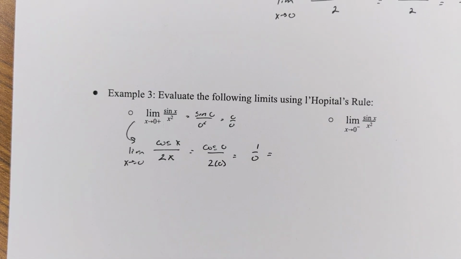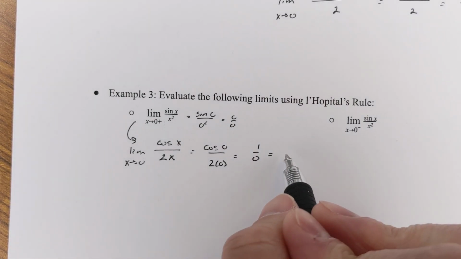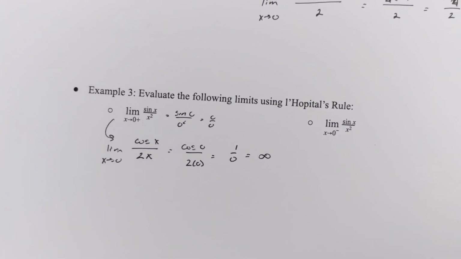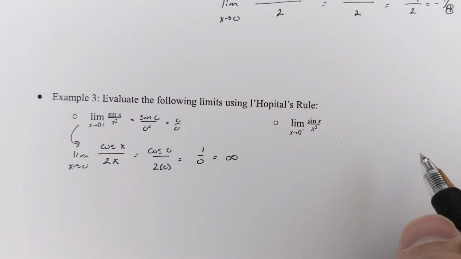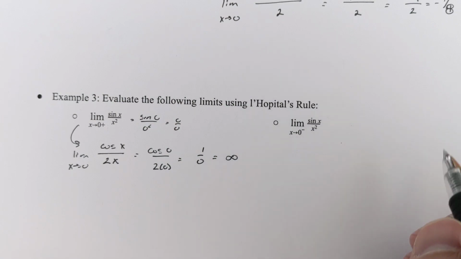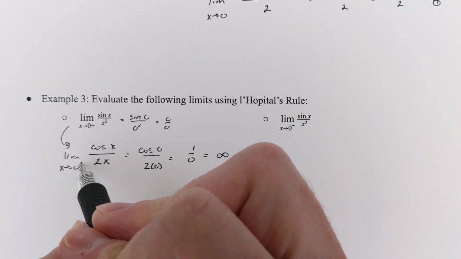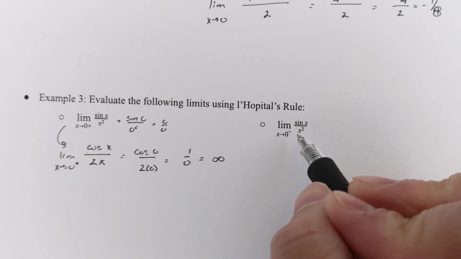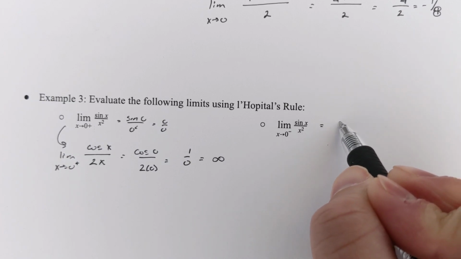So for sine of x over x squared from the right, the answer is infinity, because a number divided by 0 is infinity. If you notice, from the left it's going to be a similar thing.